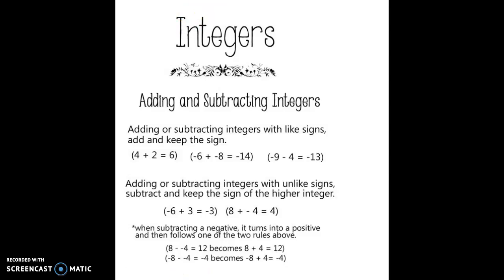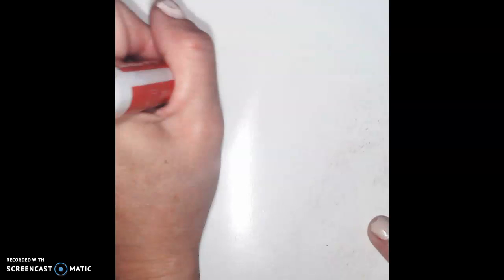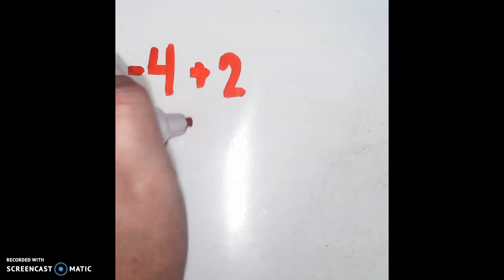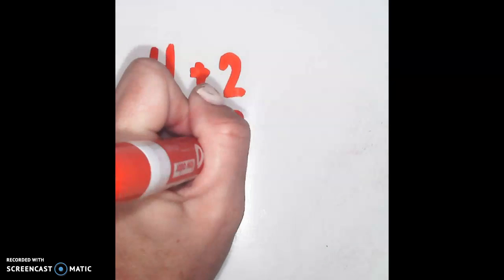Let's see if I can get this. So if I have, let's say, negative 4 plus 2, I'm going to look at the problem. I'm going to say negative 4 plus 2 would be negative 2.